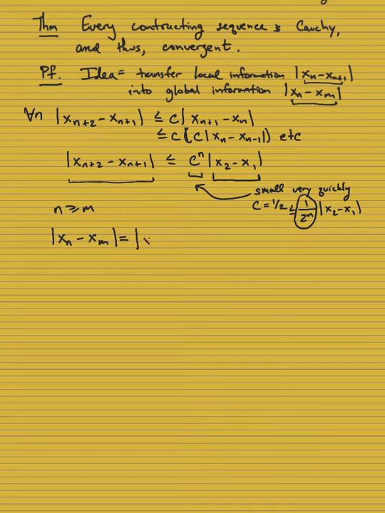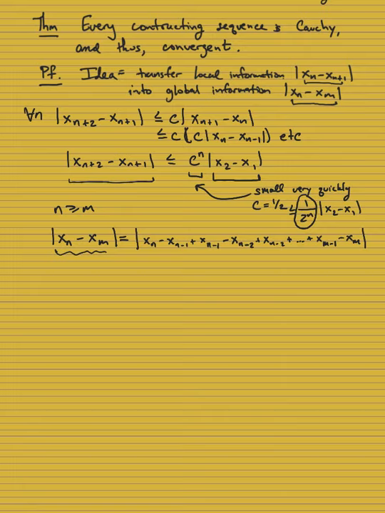Okay, so this is xn minus 1 plus xn minus 1 minus xn minus 2 plus xn minus 2 plus, this goes on until we get xm minus 1 minus xm. Okay, so I'm just taking these terms and adding all of the consecutive terms in there.